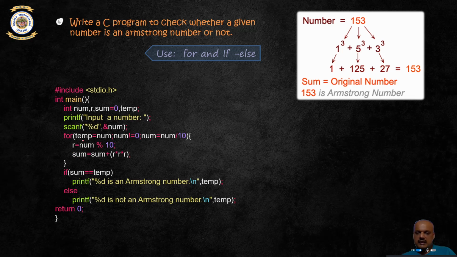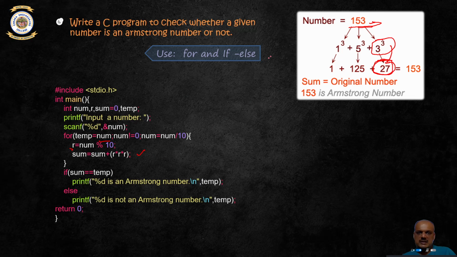In the initial run, num will be 153. Then I use my modulo operator to get 3 out of it, which gets stored in R, and then I increment the value of sum by adding the cube of R. So sum is equal to sum plus R cube. At the end of this, 3 will be out, and the sum value will be 27.